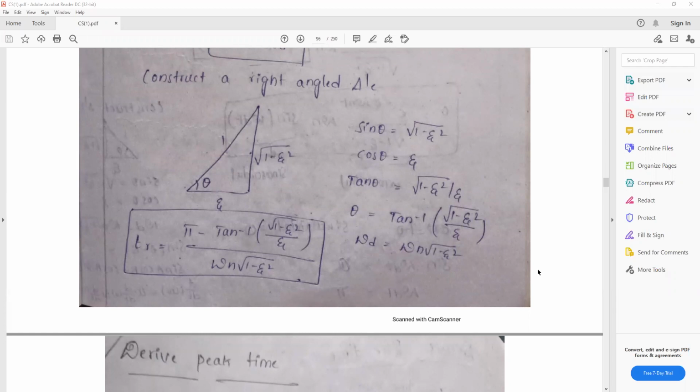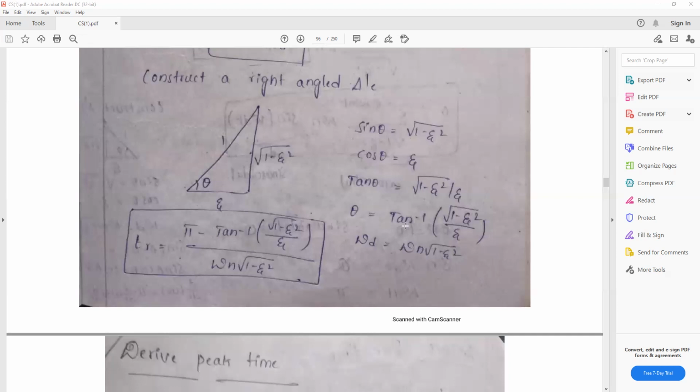And type of the system and what is meant by order of the system. Type ante enti, order of the system ante enti. So in the type of the system, type 0 system find the steady state error, type 1 system find the steady state error, type 2 and the different inputs: unit step signal, unit ramp signal, and the unit parabolic signals.